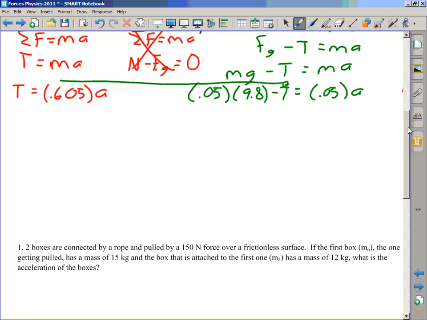So now I got 0.05 times 9.8 minus 0.065 times A equals 0.05 A. I need to group my like terms. So let me add 0.065 A to the other side.